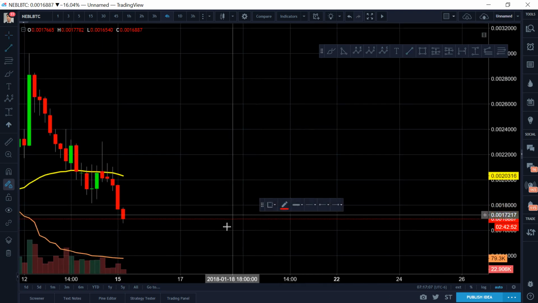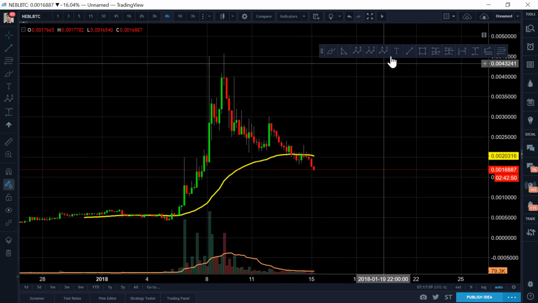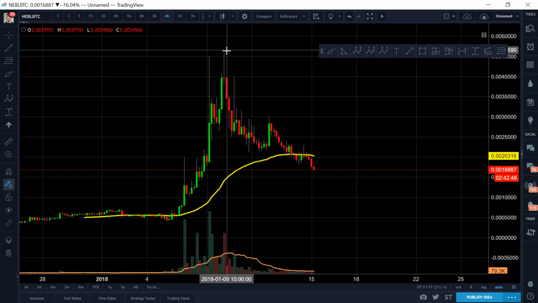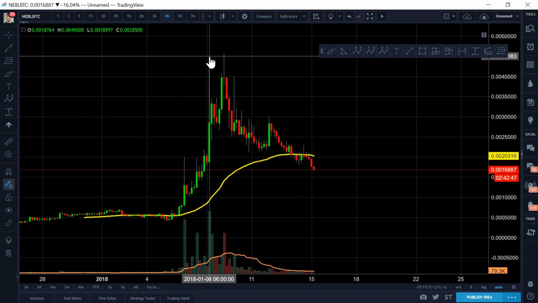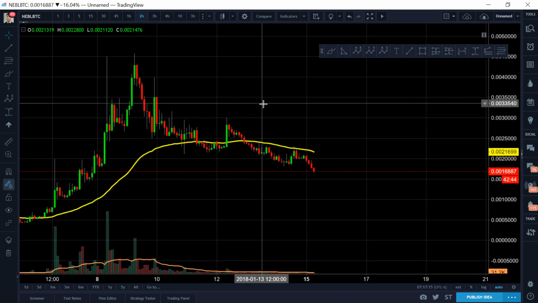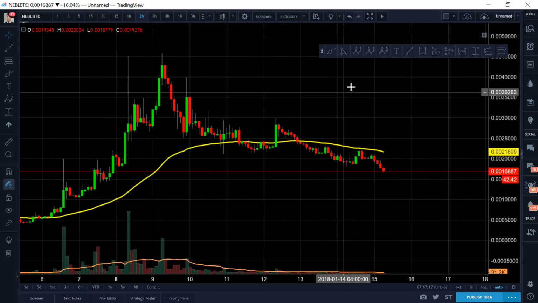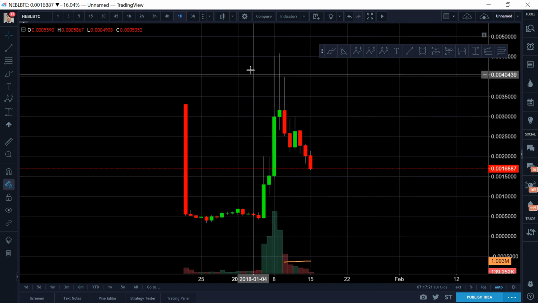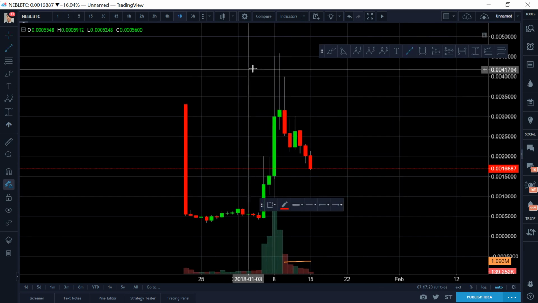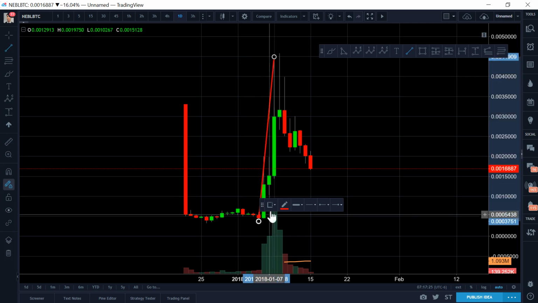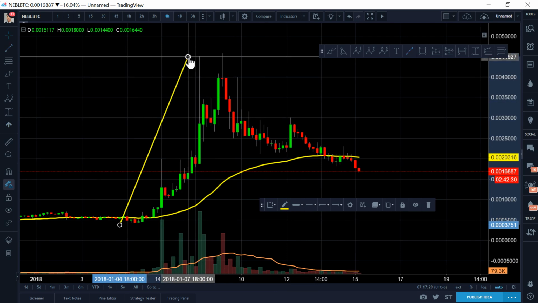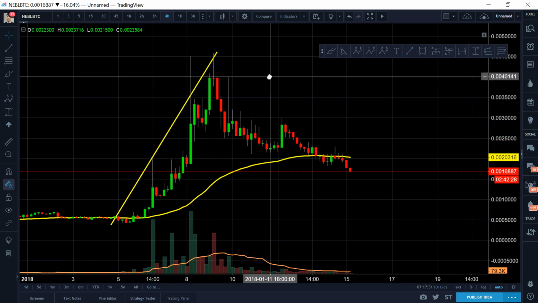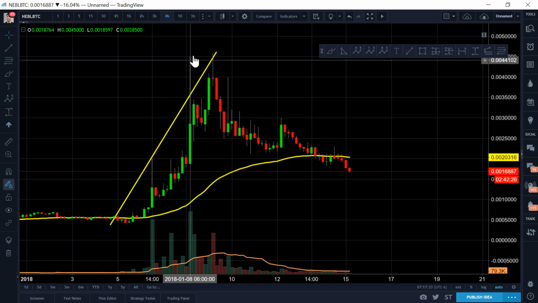Now, I want to explain to you guys the mechanics of something. There's no doubt that this looks like a flagpole, and we can all agree on that. Right here, this looks like a flagpole, and a flag, like that. Better in a 4-hour probably. That looks really good.